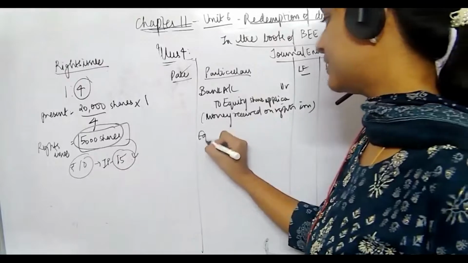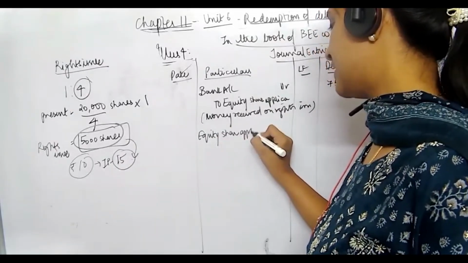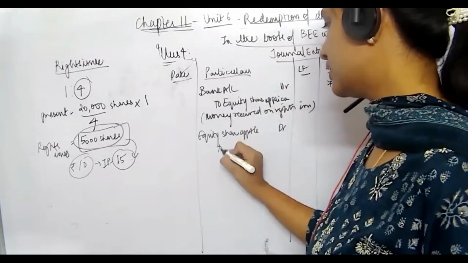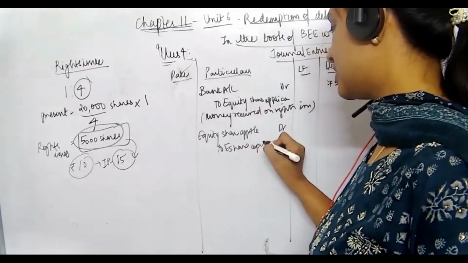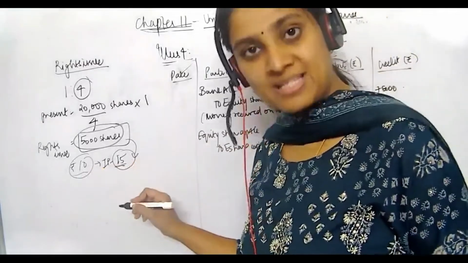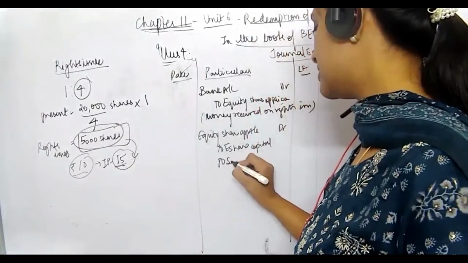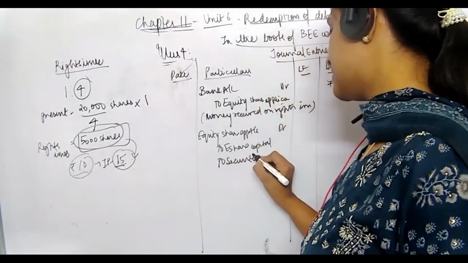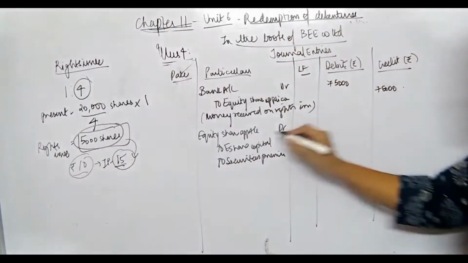The second one will be the transfer entry, because equity share application finally has to be transferred to the equity share capital. But the only catch here is the 10 rupees face value is issued at 15. It means 5 rupees excess, which goes to securities premium. So what will be the value for share application?